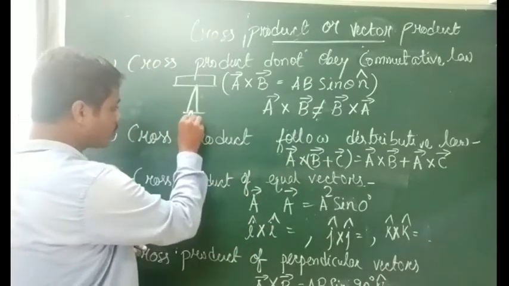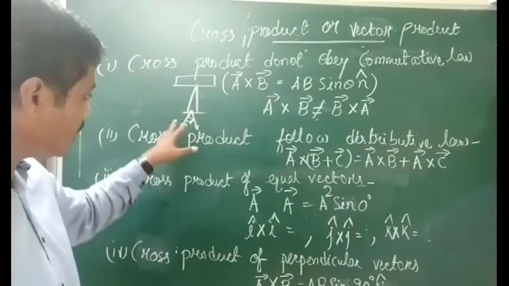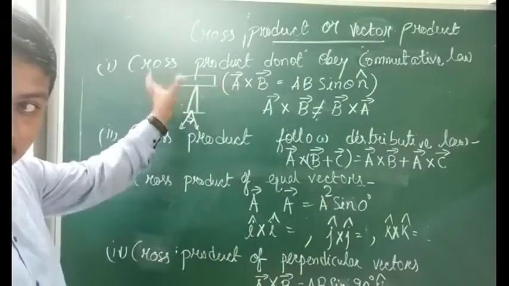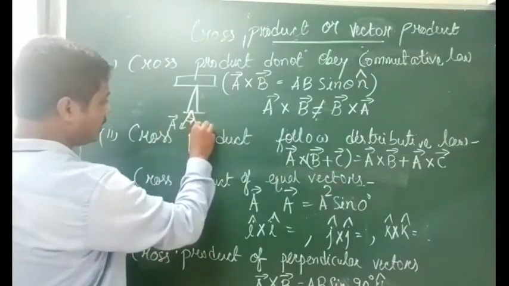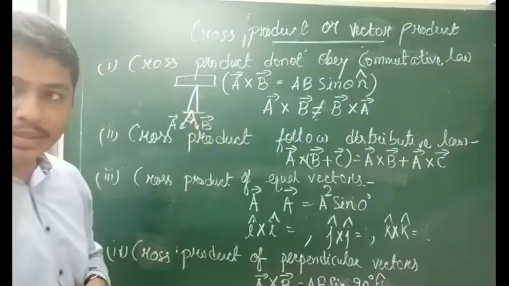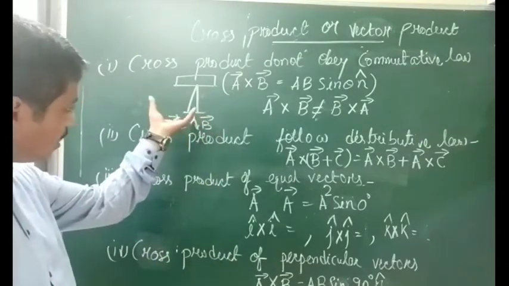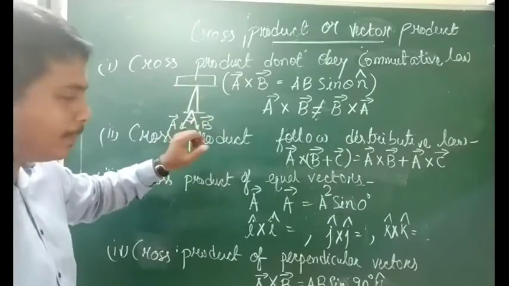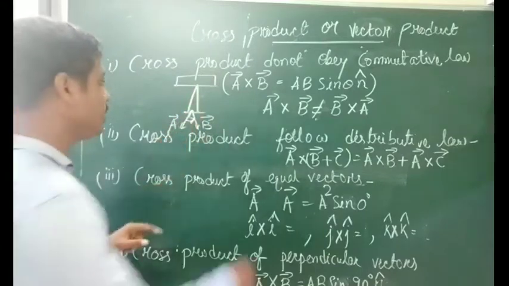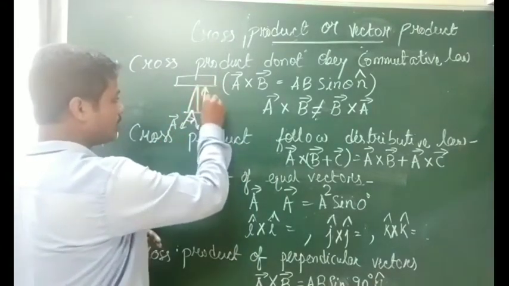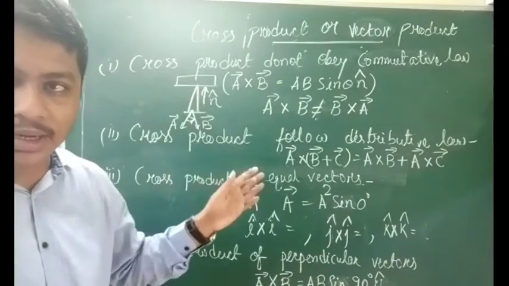If I move the screw in this direction, that is an anti-clockwise direction, I consider this as vector A and this as vector B. So when I move anti-clockwise, what will happen? This screw will move inside. Suppose the direction will be towards this side, so that direction is represented by N cap. Clear?